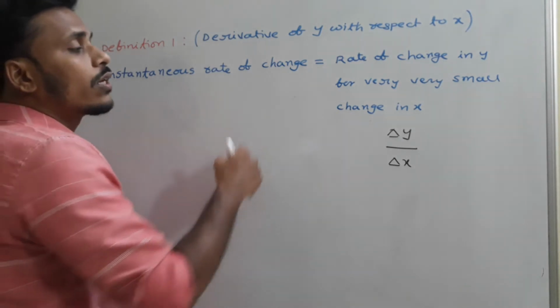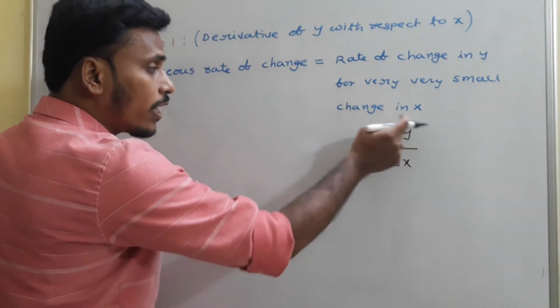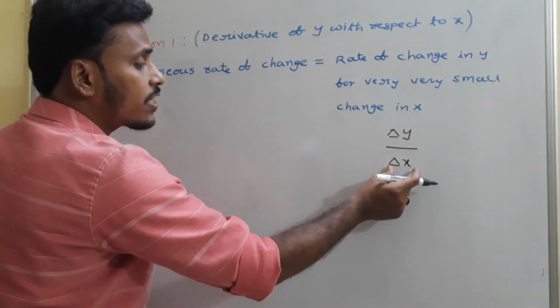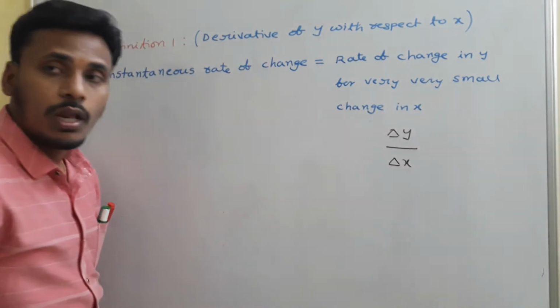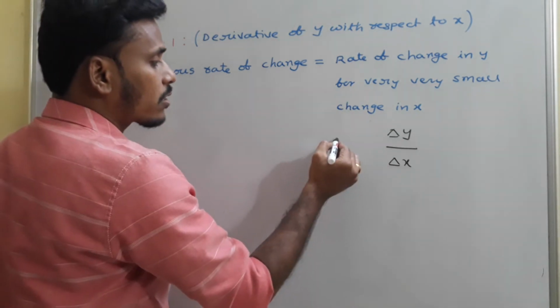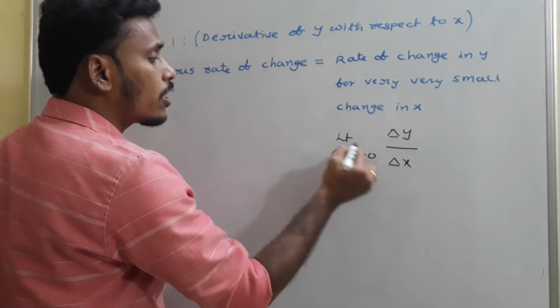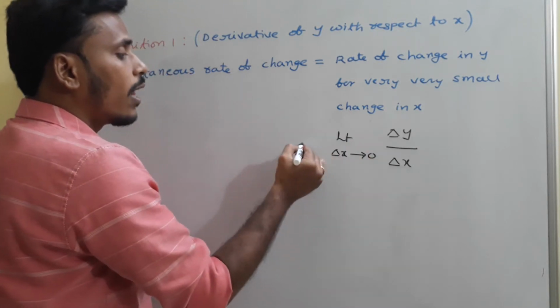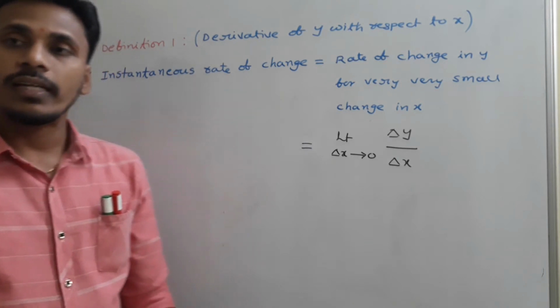This is the rate of change, and we are going to study this value as the change in x is very small. What is change in x? Delta x. To make delta x very small, I need to use the word limit: delta x tends to 0, delta y by delta x.